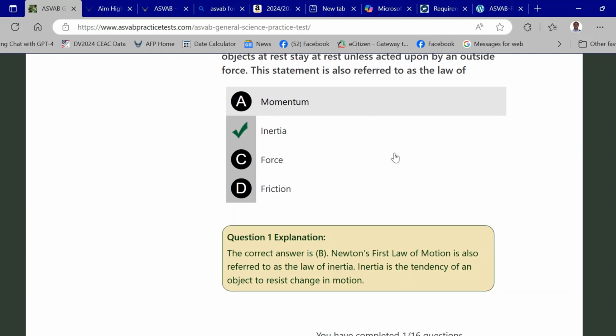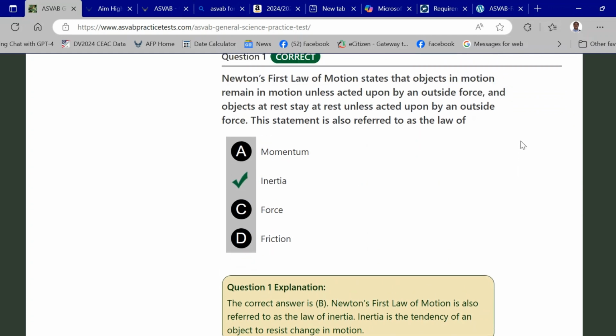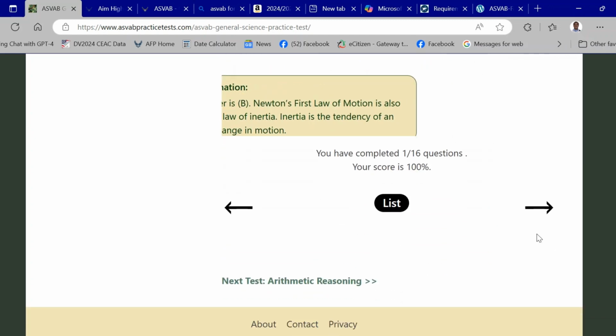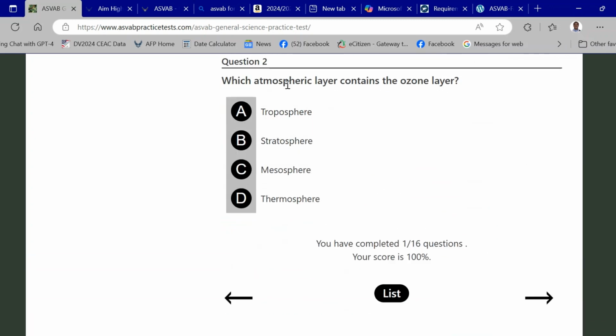For someone who did physics, maybe in Kenya or wherever you're coming from, these are easy questions. You can easily get this. Even if you never did physics, you can always Google. Then you can go to the next question.